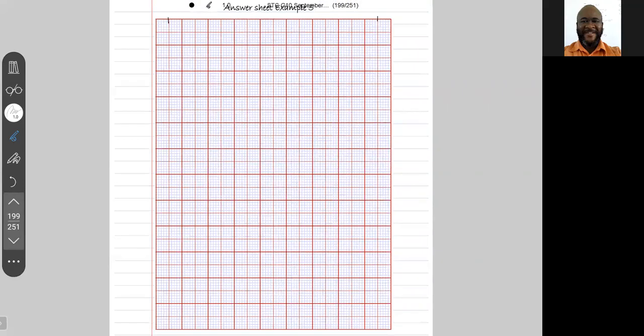So watch me, everybody. 0, 1, 2, 3, 4, 5, 6, 7, 8, 9, 10, 11. On the 11th major grid line, I draw my vertical axis using my ruler.